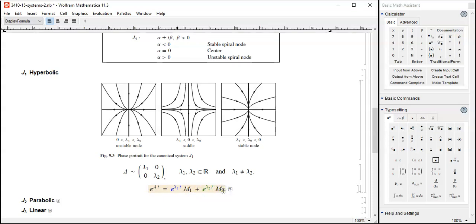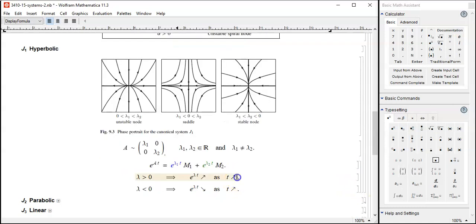But if both lambda 1 and lambda 2 are positive, then each e to the at will get bigger and bigger in terms of absolute value as t gets bigger, because of this, and also because of that. Either way, e to the at will get bigger and bigger.